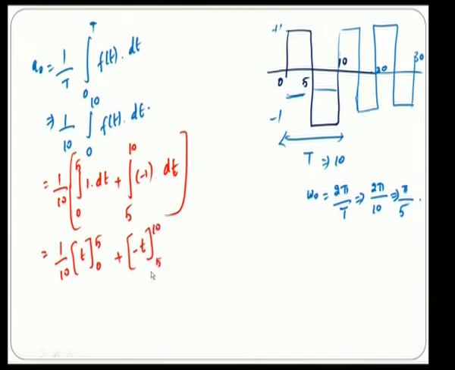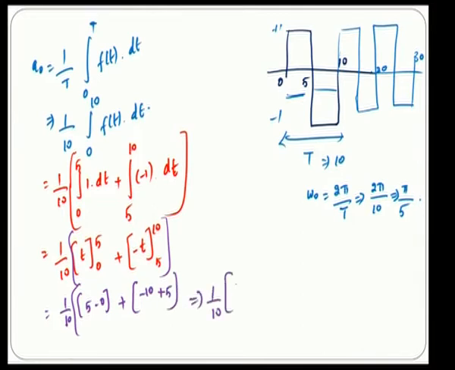Now, substitute the limits: 1 by 10 of (5 minus 0) plus, 1 by 10 is common to both, right, minus (10 minus 5). So finally, what you get is 1 by 10 of 5, and this one is minus 5. So, you get the value 0, a naught value was 0.